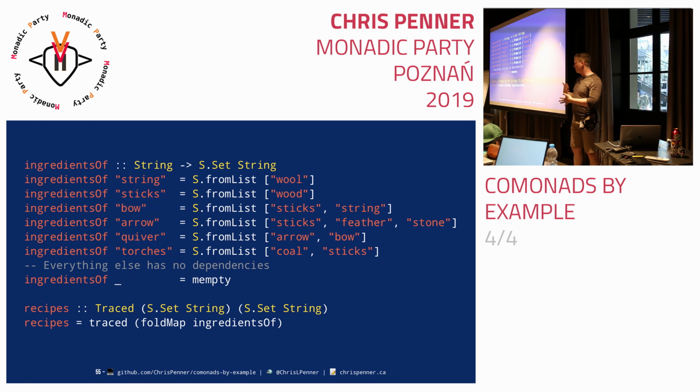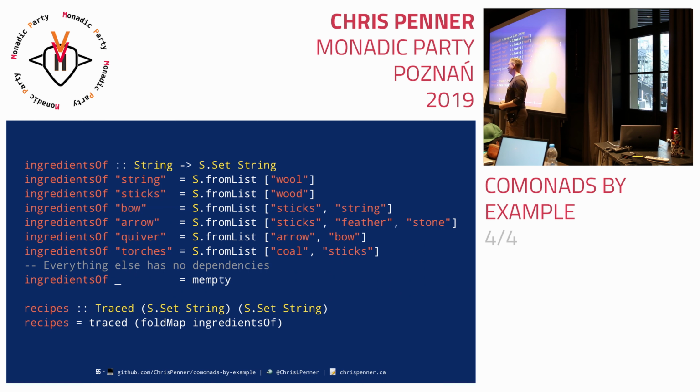So we can wrap this idea into the traced comonad, but we should think about what our monoid is if we're going to do that. So if we leave it as a string, every time we trace, it's going to garble on another one of these weird things, and it's going to build up this indecipherable chunk of characters that doesn't mean anything. So in our case, I'm going to have my comonad represent the things that I want to build. Okay?